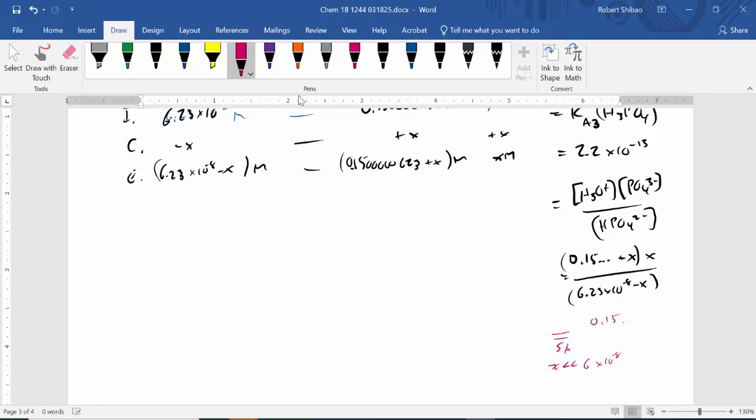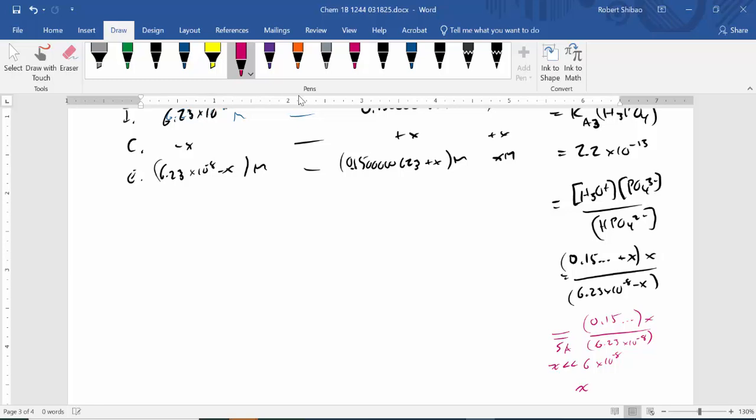And so this is going to be 0.15 times x divided by 6.23 times 10 to the minus 8. And therefore, let's go ahead and calculate what x is.